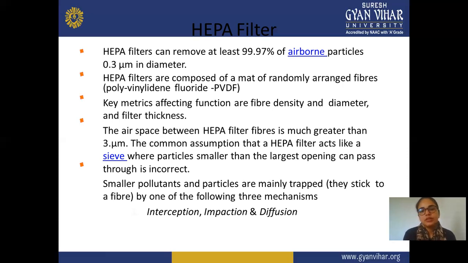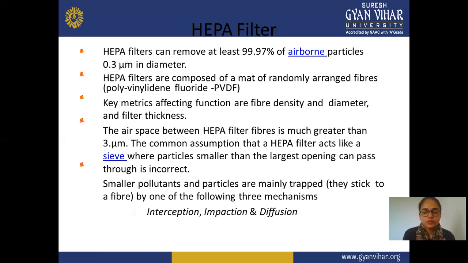And the key metrics affecting function are fiber density, diameter, and filter thickness. So the function mainly depends on the density and diameter of the fibers and the thickness of the filter you are using. These are the key factors responsible for affecting your formulation.